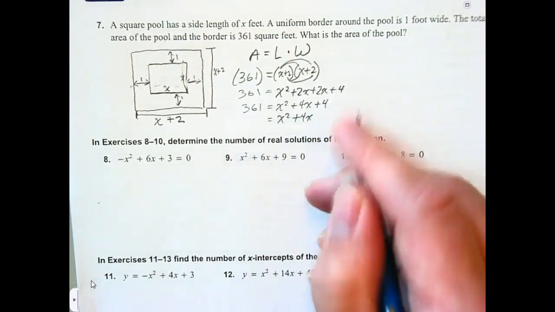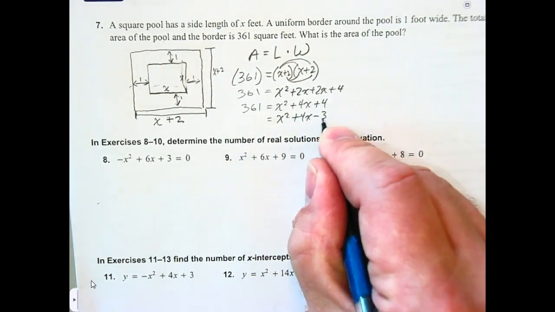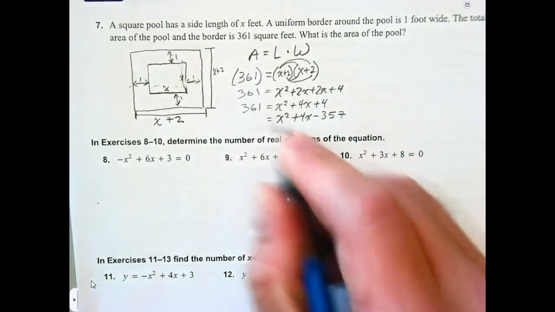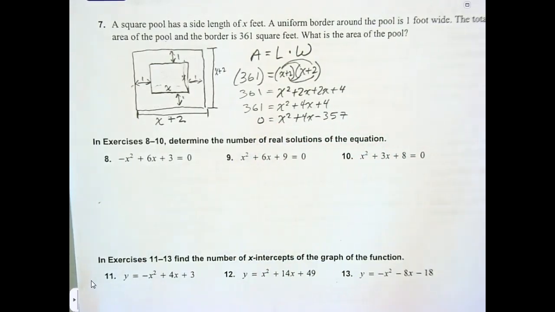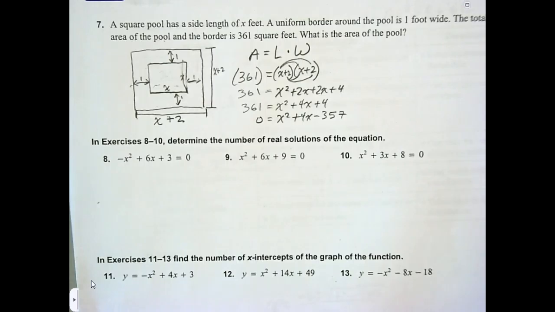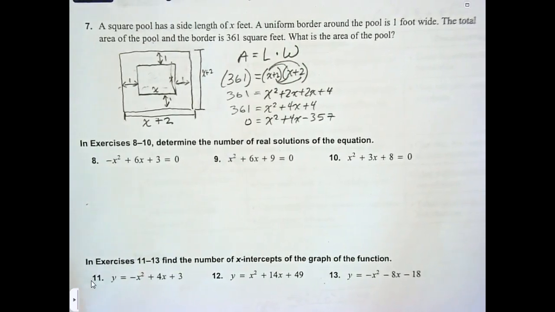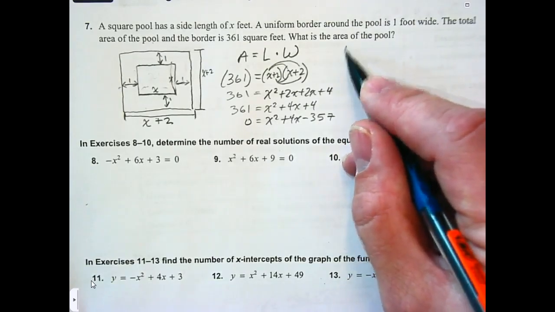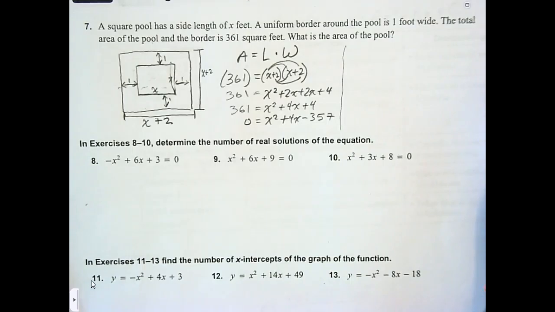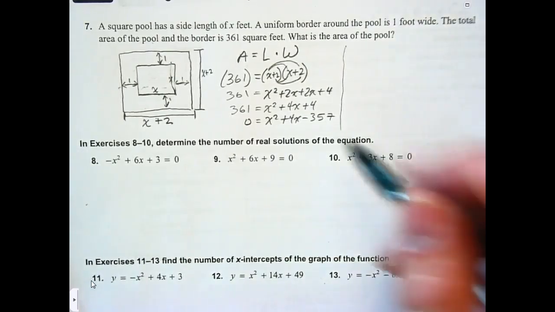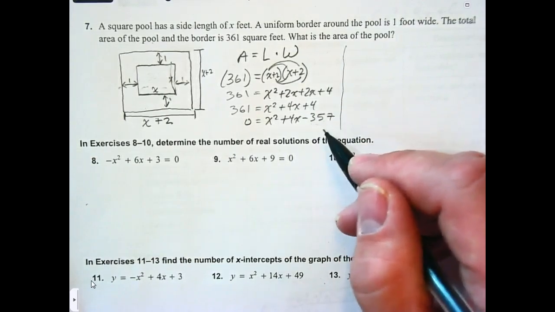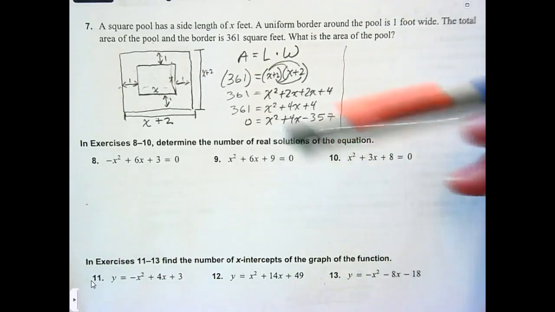Subtract that 361 from both sides. All right. There we've got it. Now, to solve for x, you have a couple options. You could try to factor, which is kind of difficult.